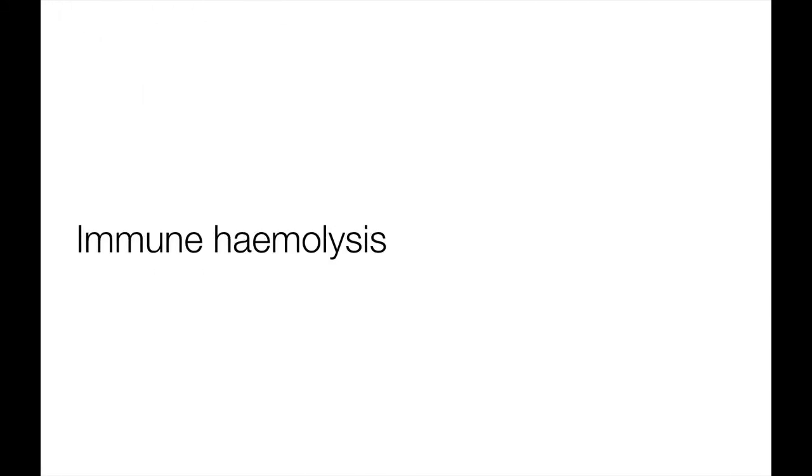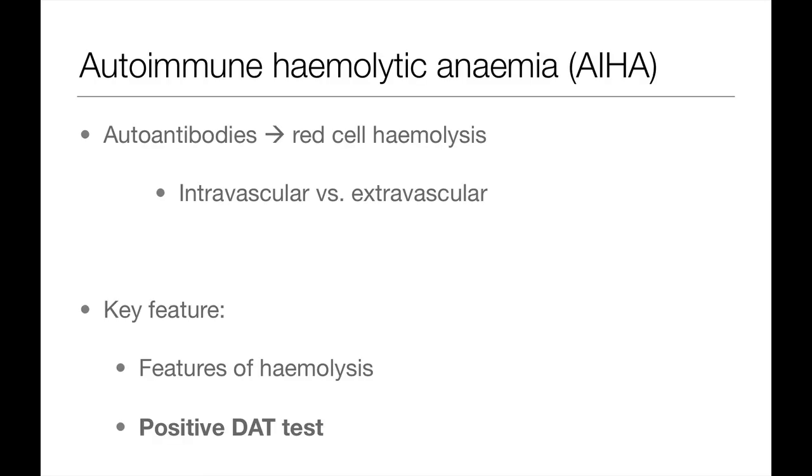Let's start by talking about the common group, immune hemolysis. This condition is probably most important, autoimmune hemolytic anemia. The problem here is that there is the production of autoimmune antibodies against red cells, leading to red cell hemolysis.